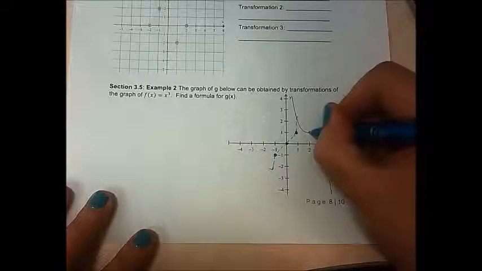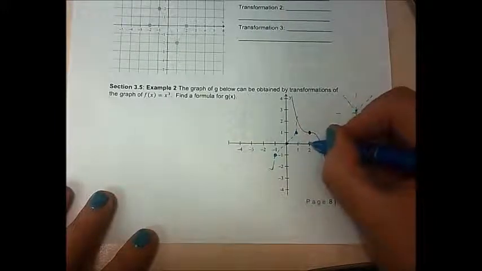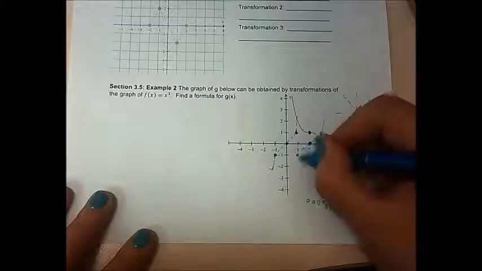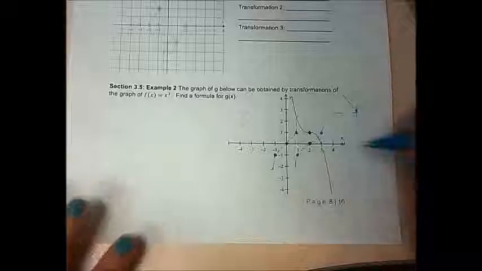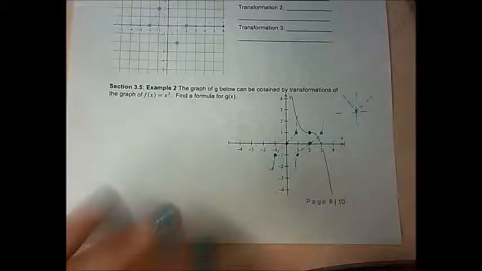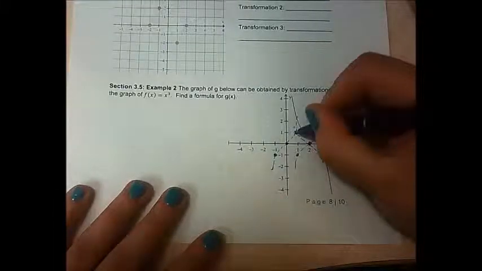So for this one, we follow this little inflection point around. So we get here. And then we notice that this one is flipped over. So the next thing they would have done is reflected over the x-axis and gone here.